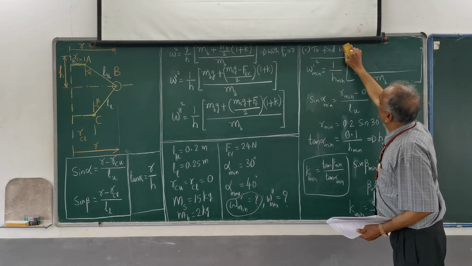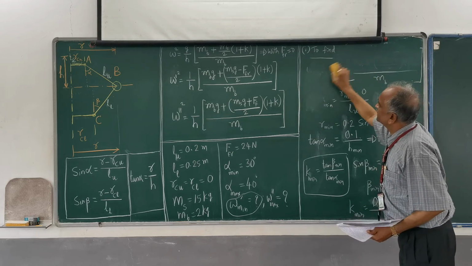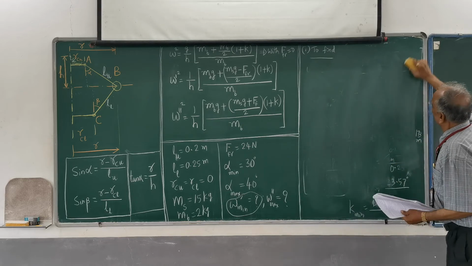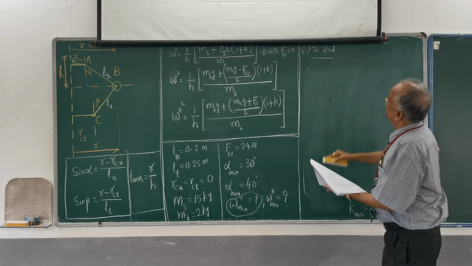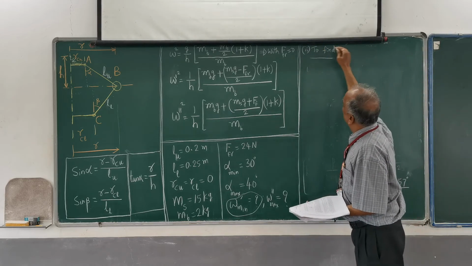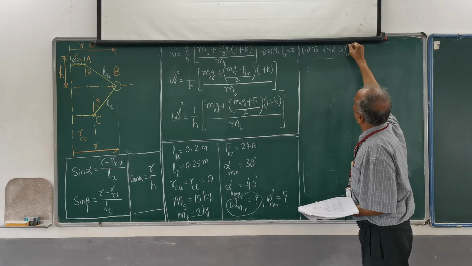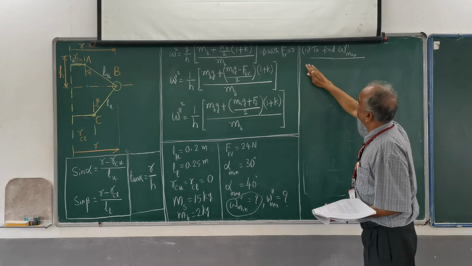Now, how to find out the second one, omega maximum double dash? So what will be the formula?